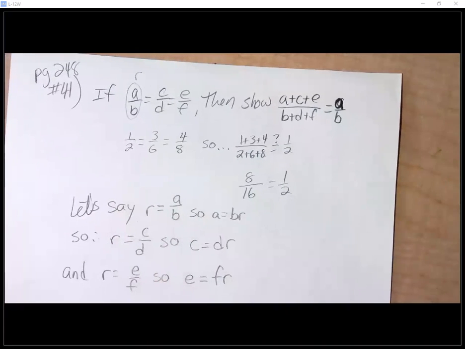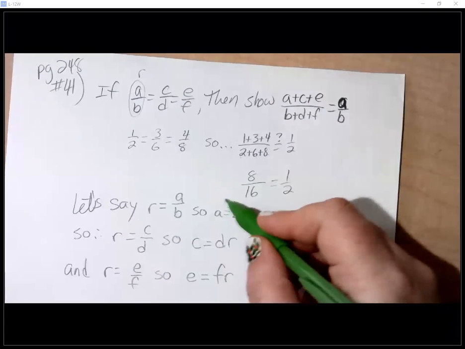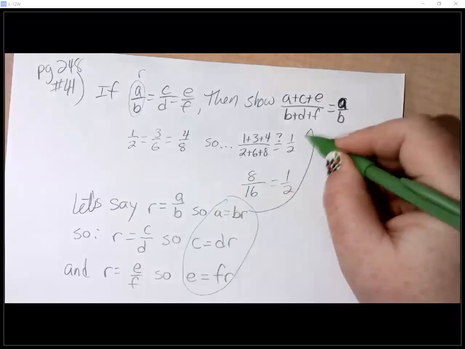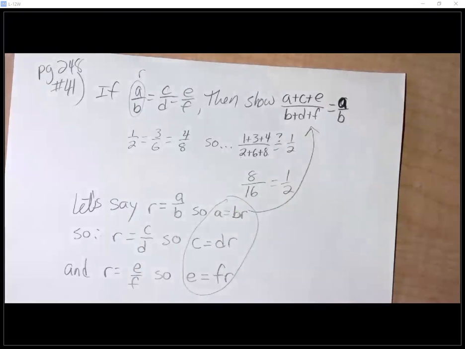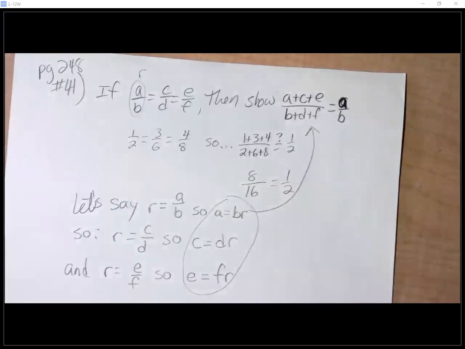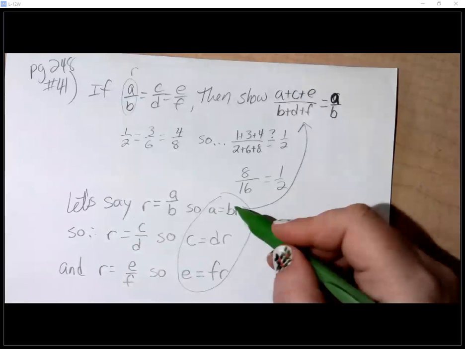But now watch how this helps me. Since I now have these to work with, I'm trying to show that this is true. So let's go to what I'm trying to prove and replace that A, C, and E in that numerator with what they're equal to.